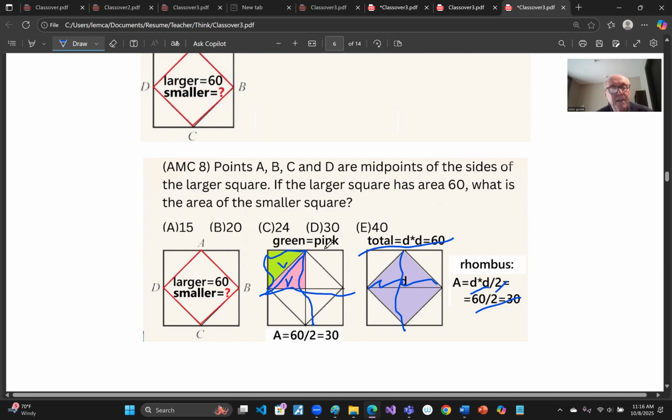They have equal area. So pink triangle is half of the small square. And we do it for each small square. And after that, we understand that the area of the smaller square is equal to 30.